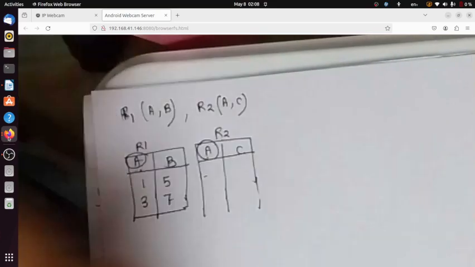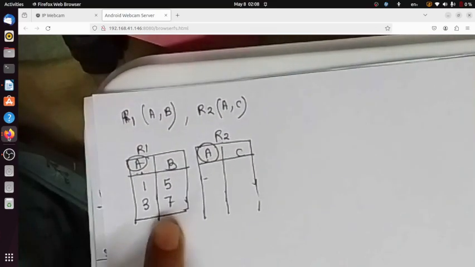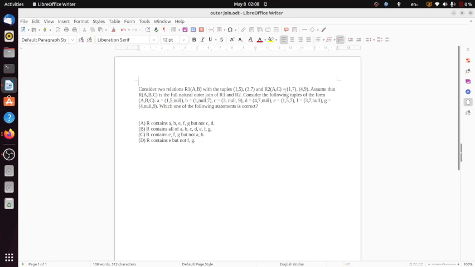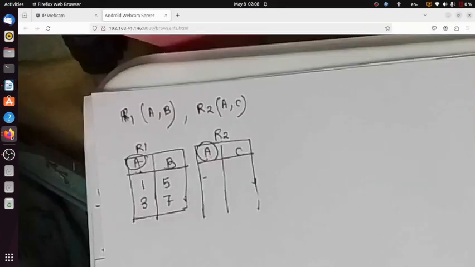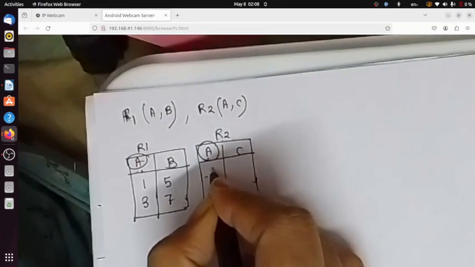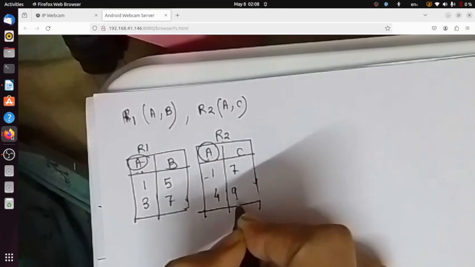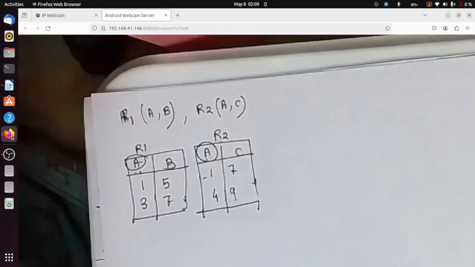These two tuples are in relation R1. Then R2(A, C) has tuples (1, 7) and (4, 9). These two records are in relation R2.